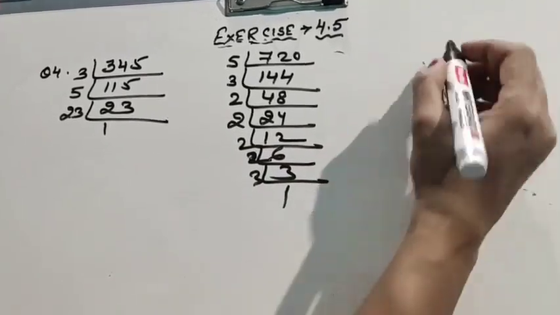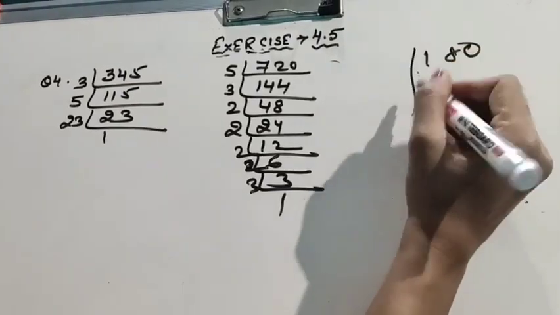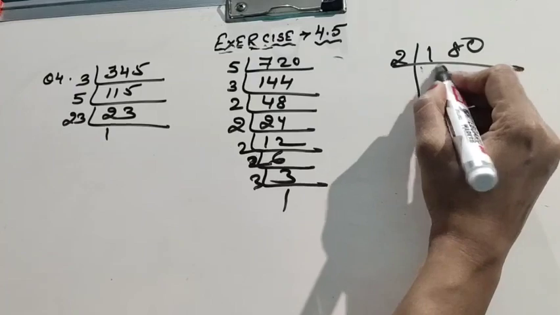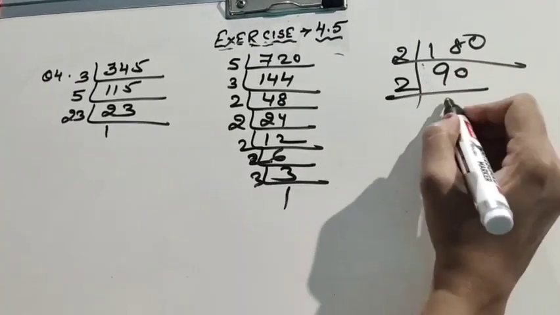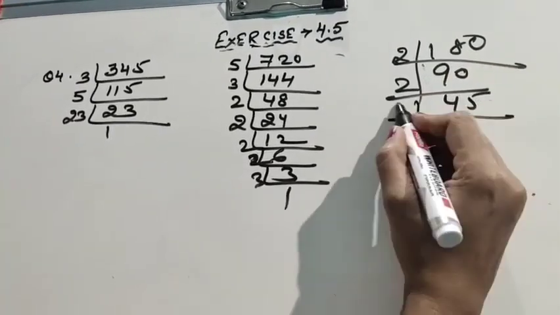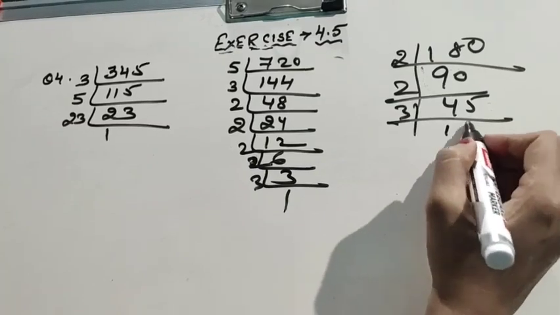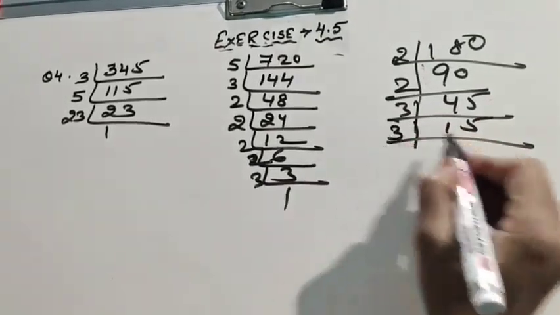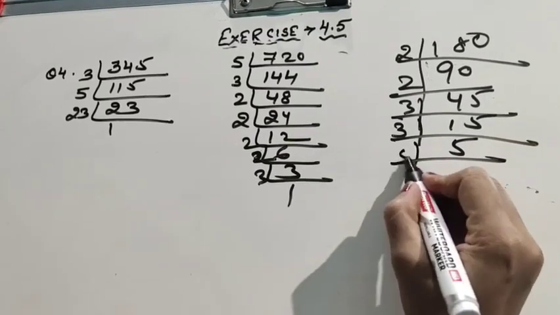Now last we will go with the 180, which is 5, go with 2 table. Then again 2. Then 3 table. Then go with again 3 table. Then last one 5 table.